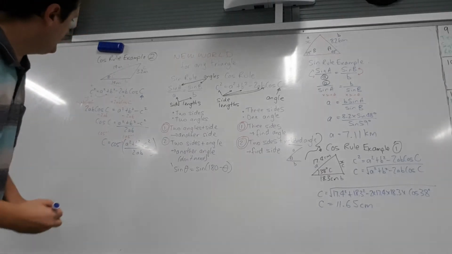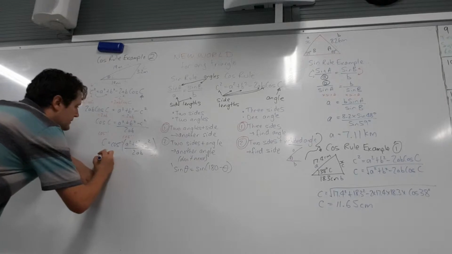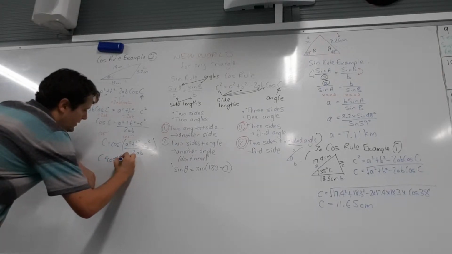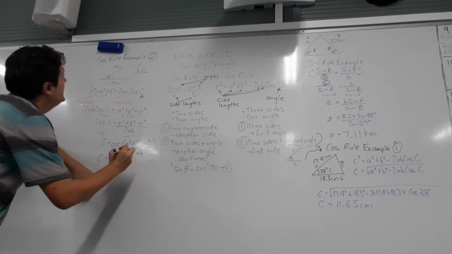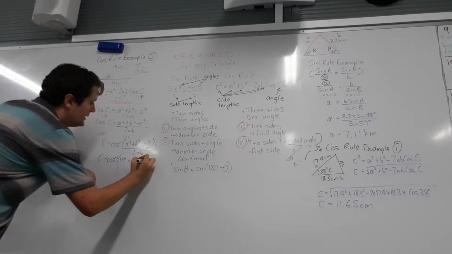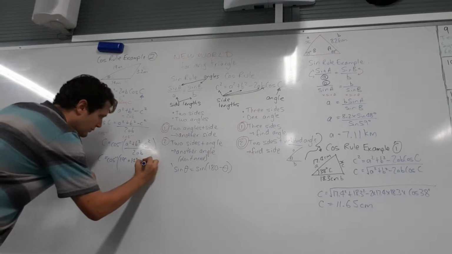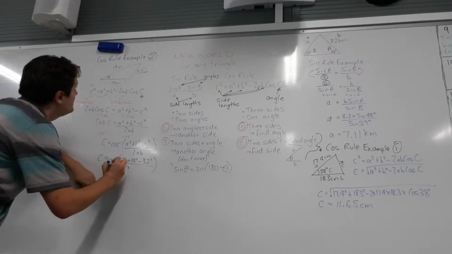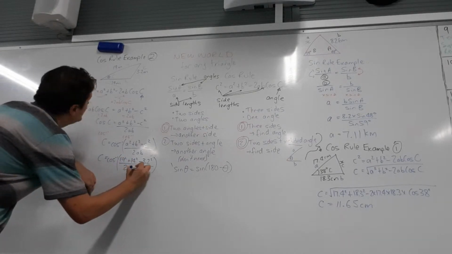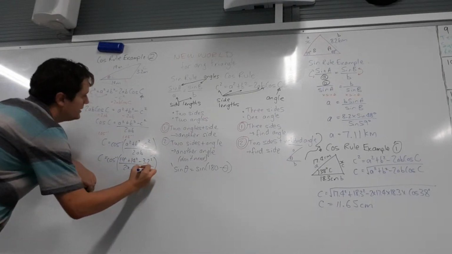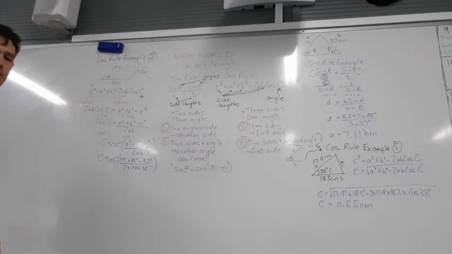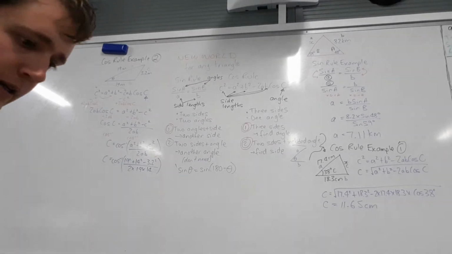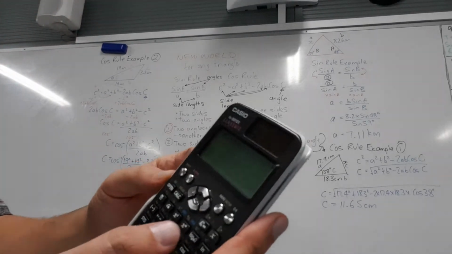So we put that in our formula. So it's going to be C is cos to the negative 1, A, so 19 squared, plus B, which is 14 squared, take C, which is 3.2 squared, all over 2 times A, which is 19, times 14, which is B. So now it is definitely time to put this in your beloved calculator.